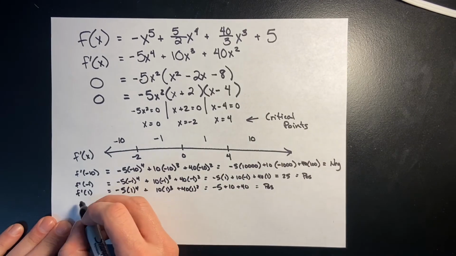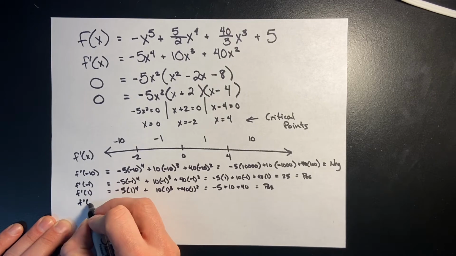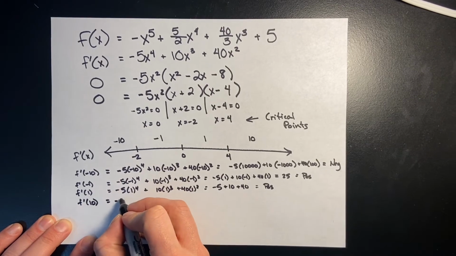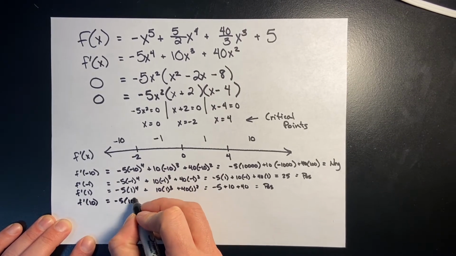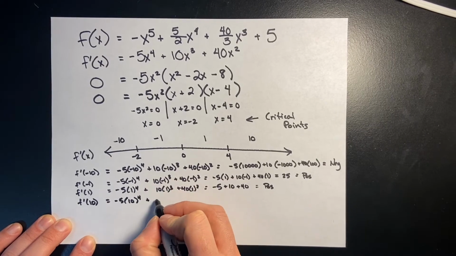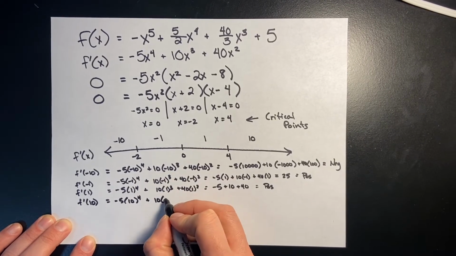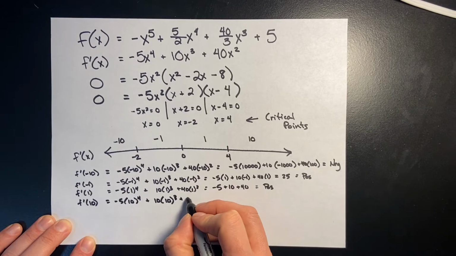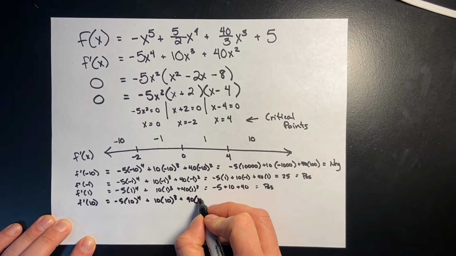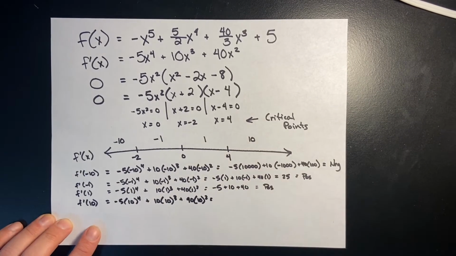Let's plug in 10. F prime of 10 is going to equal -5 times 10 to the 4th plus 10 times 10 to the 3rd plus 40 times 10 squared. Okay?